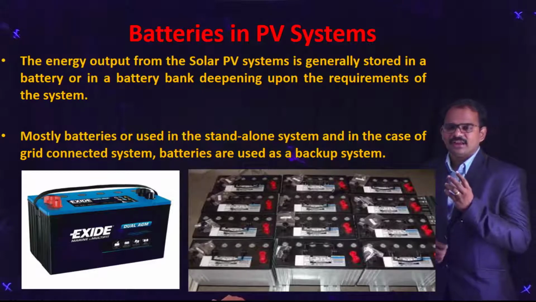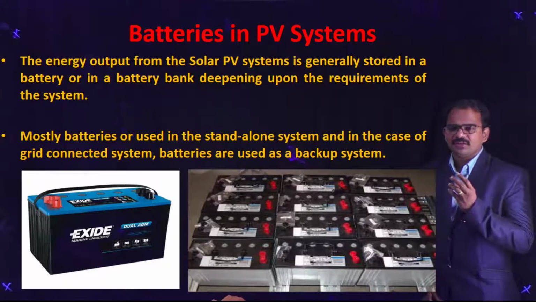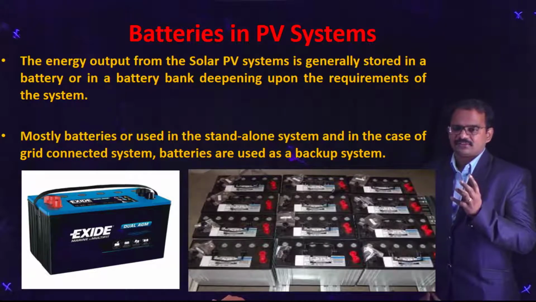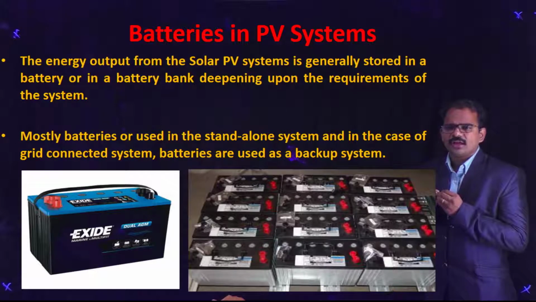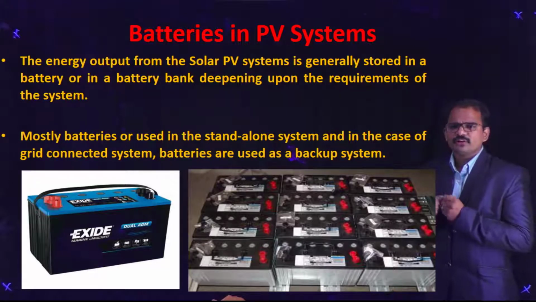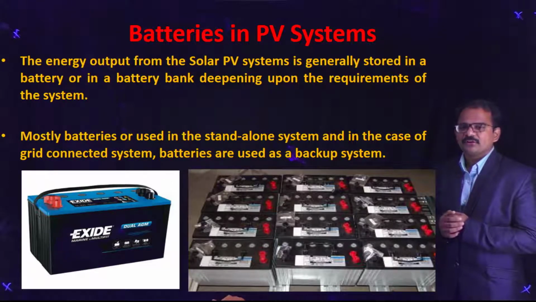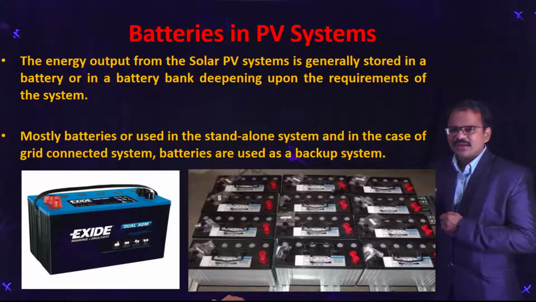Whatever energy we have collected from the solar PV arrays, we are going to store in battery banks. And mostly the batteries are used in standalone solar systems. What are standalone solar systems? The best example of a standalone system is solar street lights.